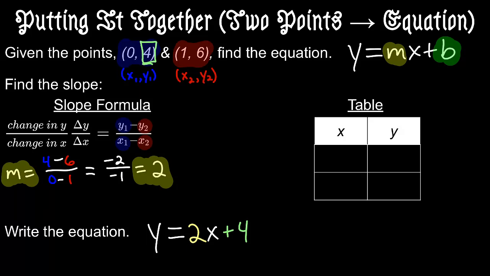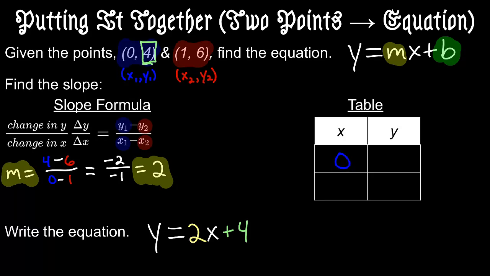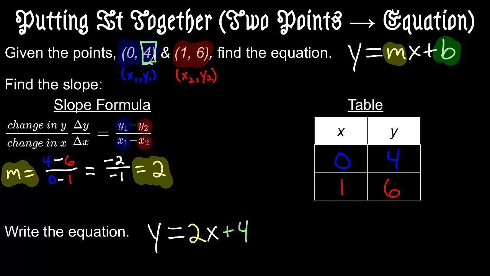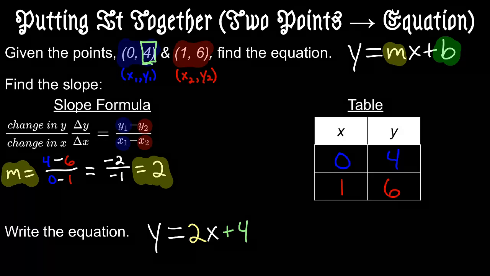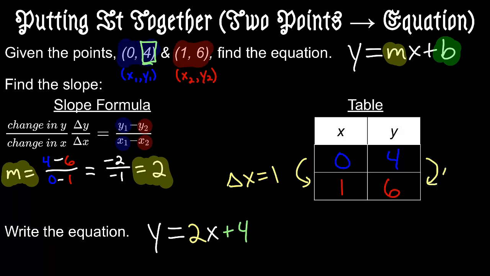And so we can write our 2 points in the table, 0, 4, and 1, 6. And then we can look at our delta x. Delta x equals 1. Delta y equals 2. So our slope is delta y over delta x equals 2 over 1, which equals 2.